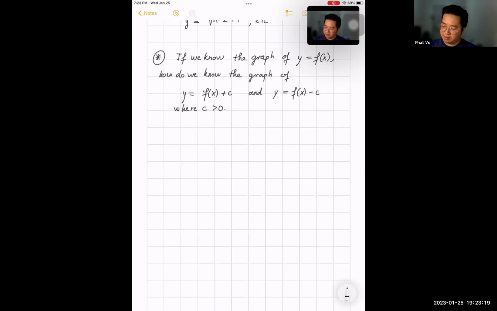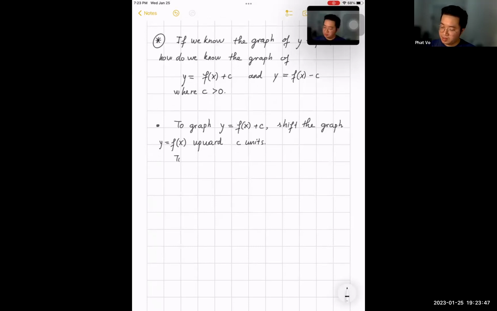Okay, so we have something to remember. To graph the function f(x) plus c, you shift the graph of f(x) upward c units.